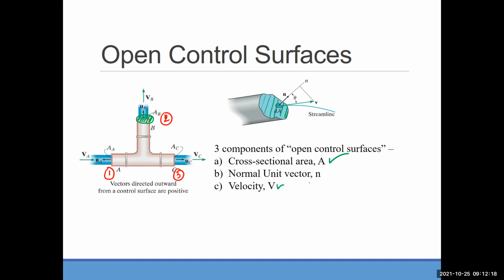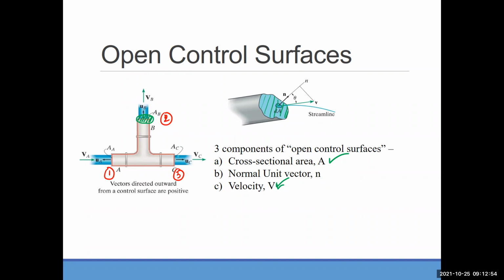Now there is a condition: the velocity should be perpendicular to the area for getting the Q. But you can't always make sure that the velocity will be perpendicular. If it's not perpendicular, we need to take a component of it to make it perpendicular. But at this point, I will just write down velocity. One more thing, we need to know the direction of velocity.